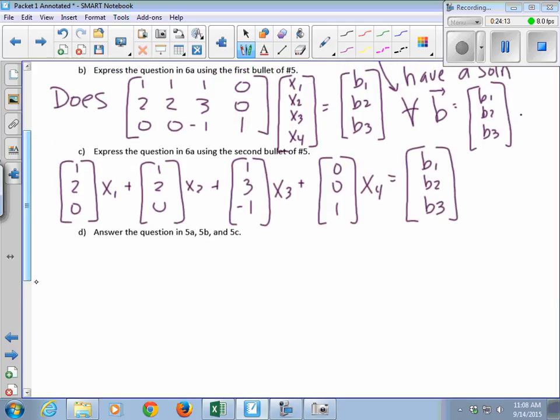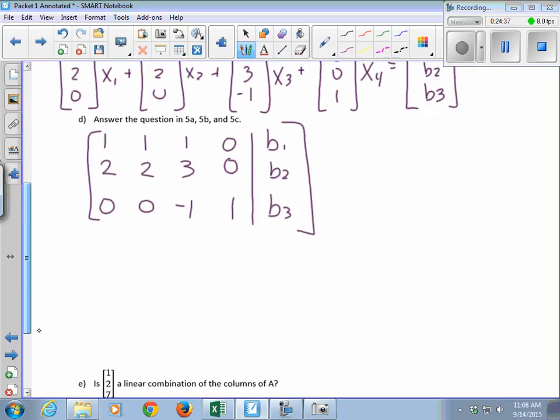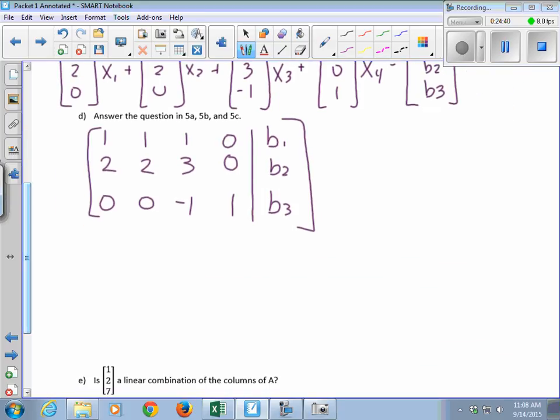So my coefficient matrix is 1, 2, 0, 1, 2, 0, 1, 3, negative 1, 0, 0, 1. Augment with the matrix on the other side of the equal sign, which is B1, B2, B3. I want to row reduce this thing. If it's consistent, then I'll know the answer to all of those questions is yes. If it's inconsistent, the answer to all of those questions is no.